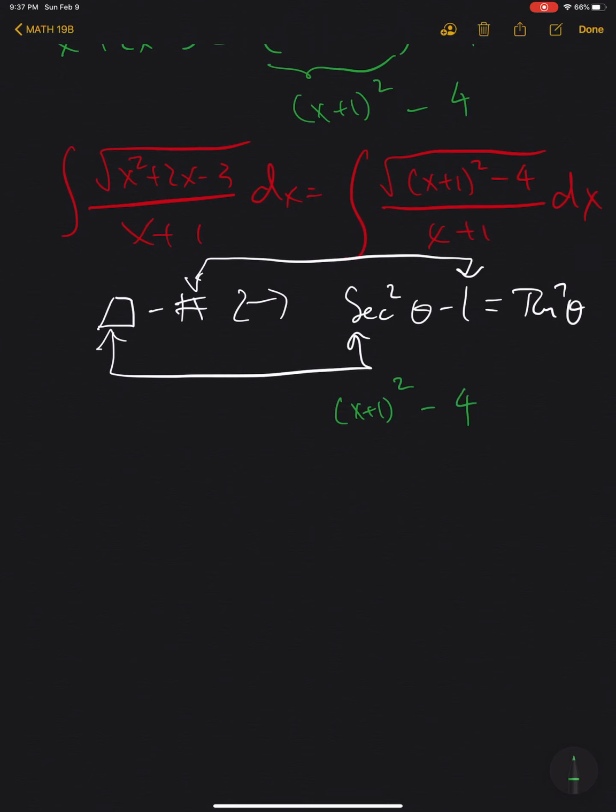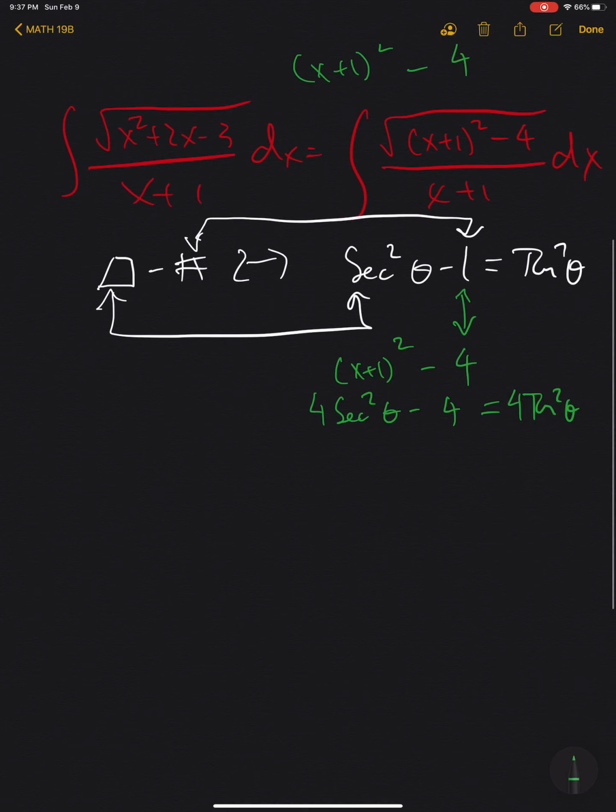So the squares match, but the numbers don't match. So in order to have the same identity, I can just multiply the trig identity by 4, and I will get 4 secant squared theta minus 4 equals 4 tangent squared theta. So in this case, we finally match the numbers.